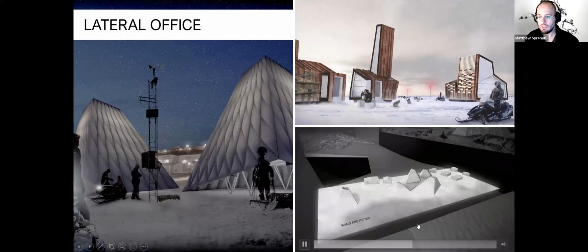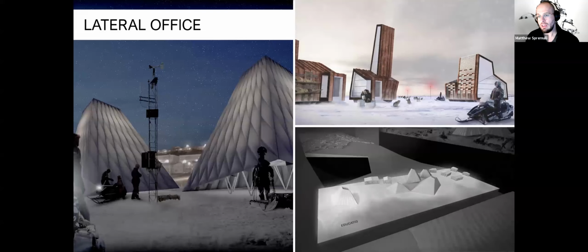How well will the structures perform relative to wind or snow or sunlight? And in a lot of cases, we as a team were not able to explore many options because we didn't have the tools to make lots of iterations quickly.